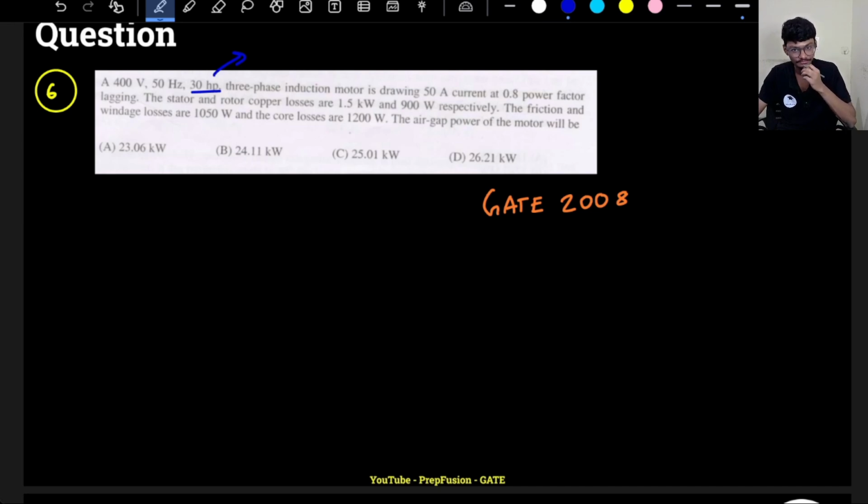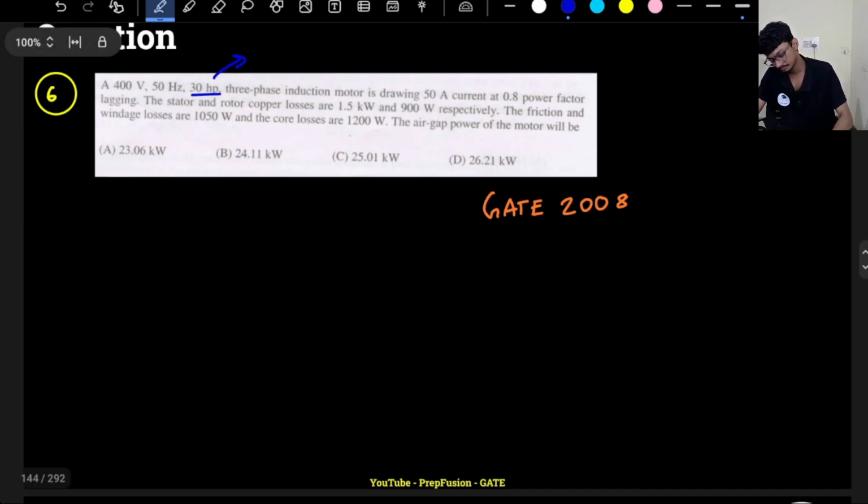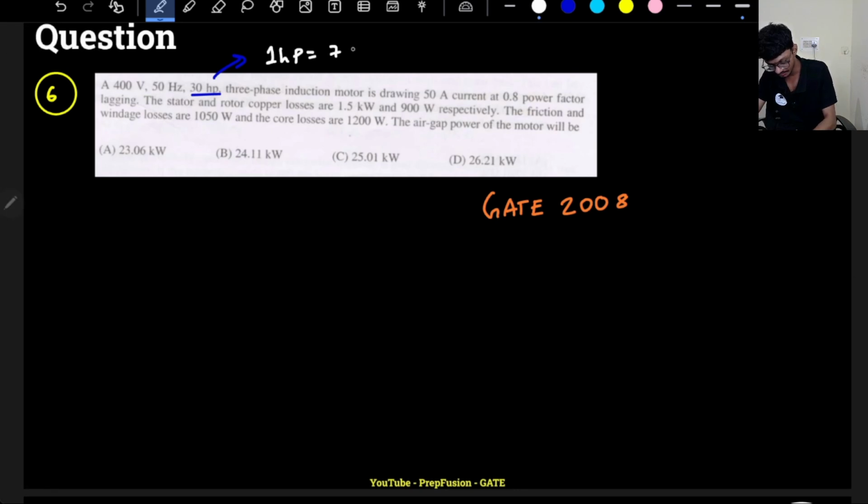Do you remember the conversion? 1 horsepower is... I will Google it because I have also forgotten, I have not used it. Yes, it is 735.5 watts. Sorry, not kilowatt, watt. This you have to remember.